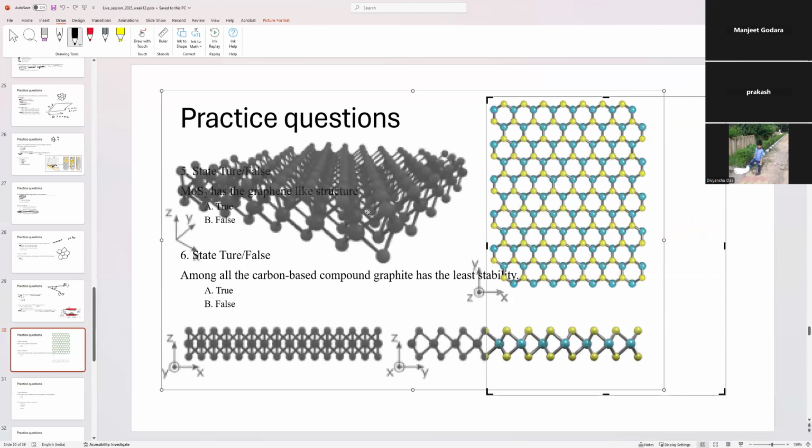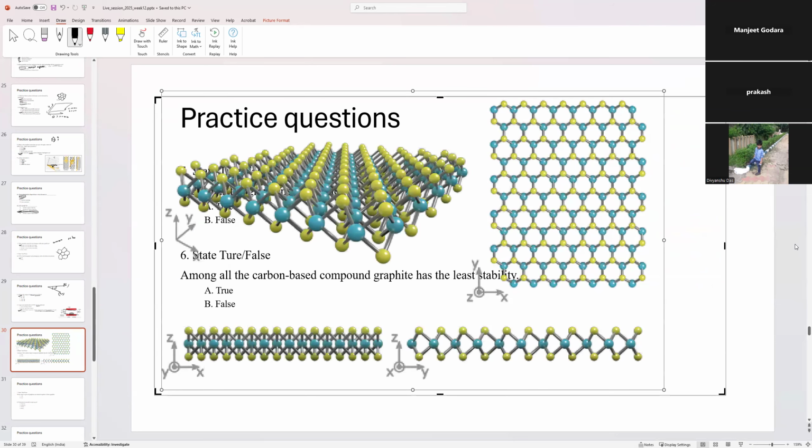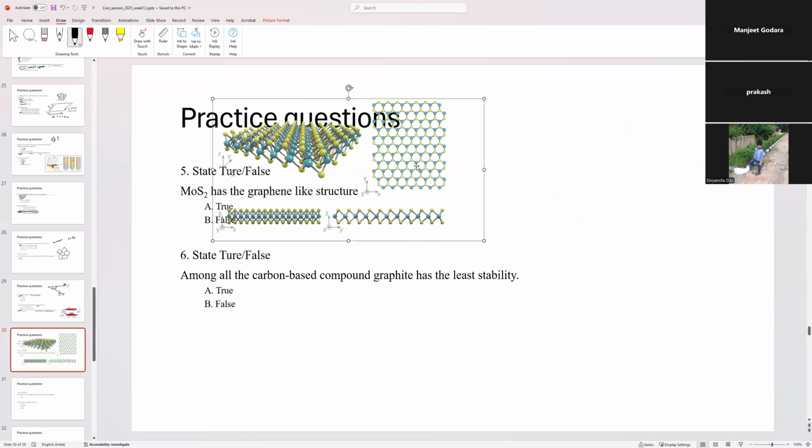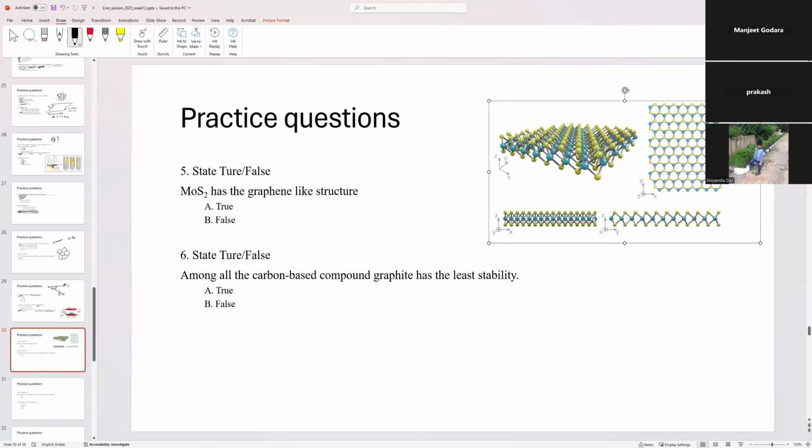If you see it from the top, it will look like this, but if you see it from the side, it will appear like this, this has some thickness. It's kind of like a graphene-like structure.